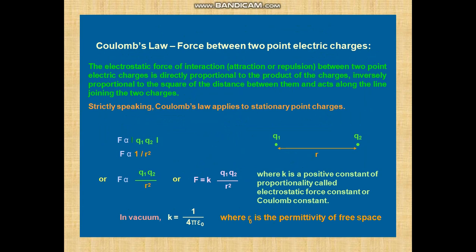And here the constant is small k, which is called the positive constant of proportionality, or Coulomb's constant. Here the value of small k depends upon the unit of measurement and the medium between the 2-point charges. In vacuum, the value of small k is 1 upon 4 pi epsilon naught.